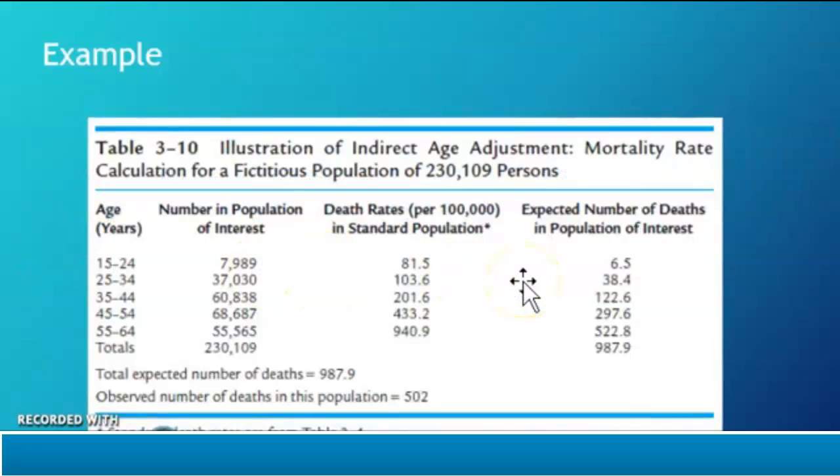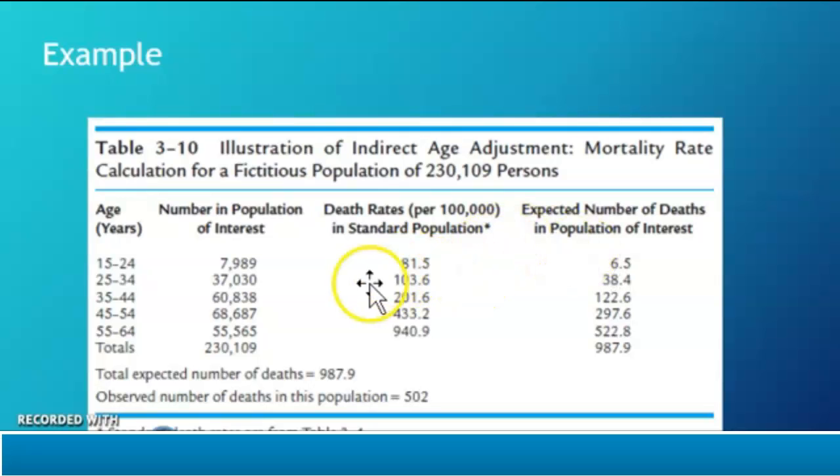In this situation, what you're doing is calculating the expected number of deaths in the population of interest. Now, in the example in your assignment, you'll have the number of deaths in lung disease, and it'll have an example of individuals that are roadside construction workers.